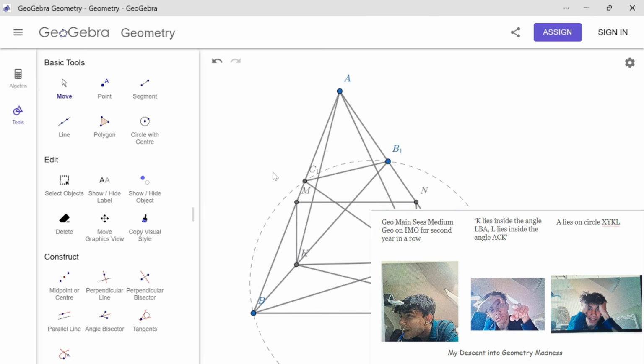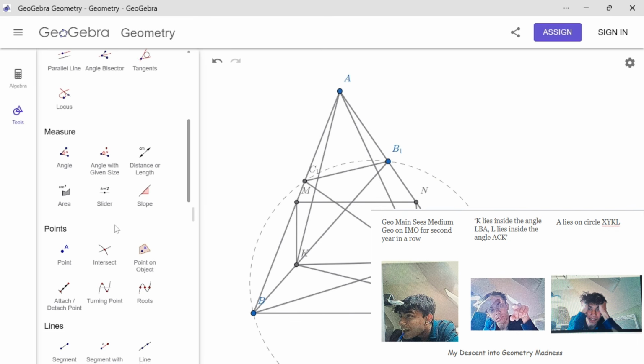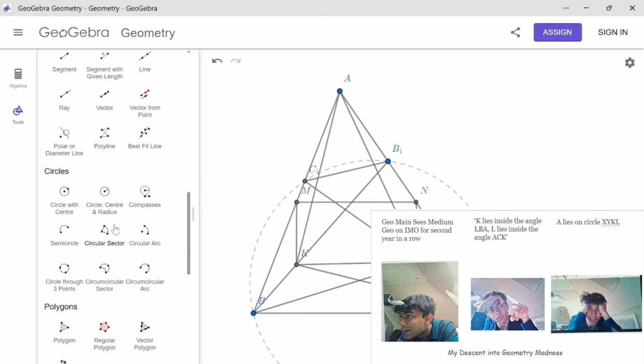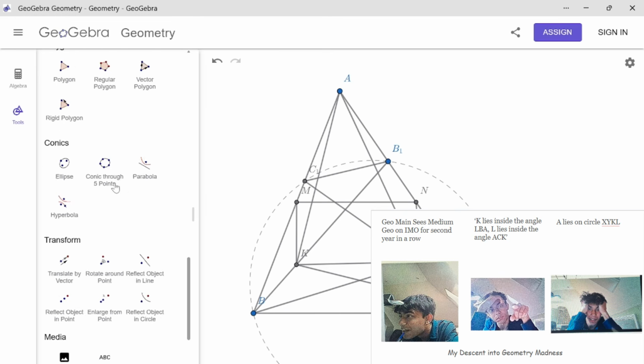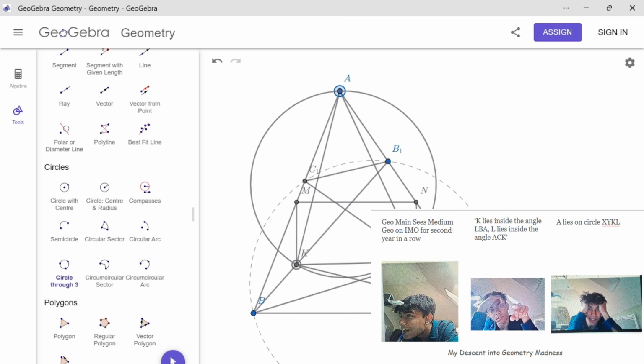But even then, maybe I'm exaggerating quite a bit, I think this is hard. Circle AKL makes sense, but I don't know if there's a better solution.